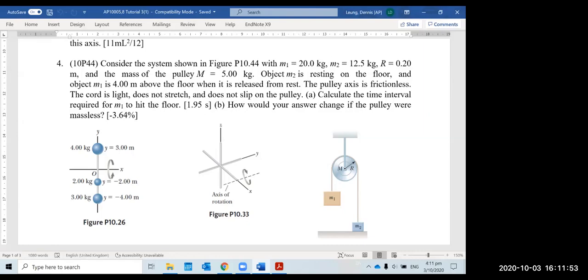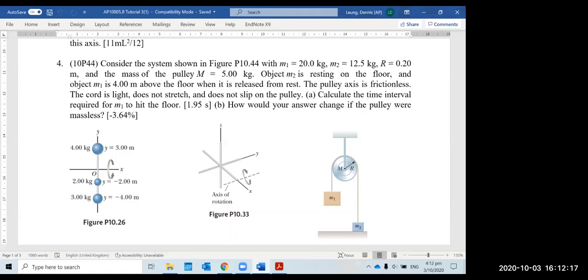Here, the strings do not slip on the pulley. So that means there is some frictional force on the pulley. It is very difficult if you really consider the frictional force. On the other hand, they are internal forces, so they should balance on the two sides.